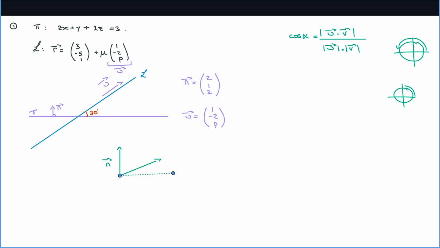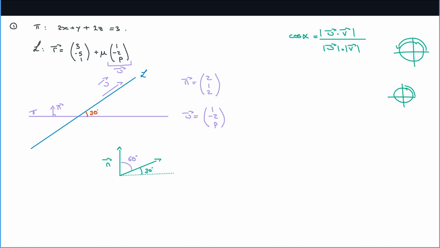There we go. This angle here is the 30-degree angle. But based on that sketch alone, since the normal is perpendicular to the plane, and that angle 30 is measured from the plane, what's the angle between the two vectors? Exactly. So you now know that the angle between the two vectors is 60 degrees.